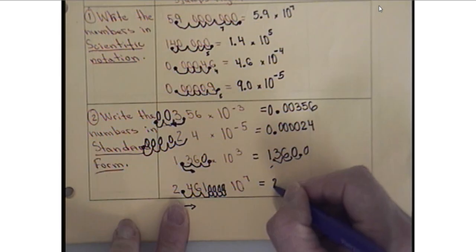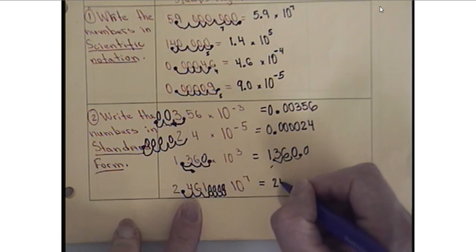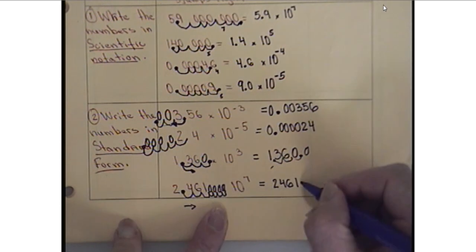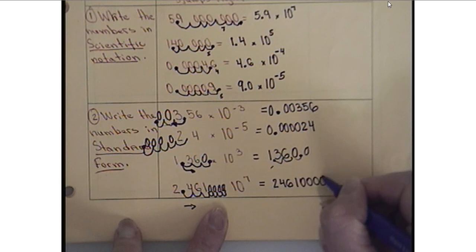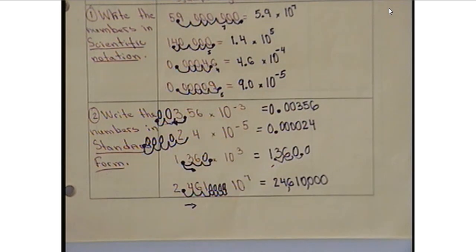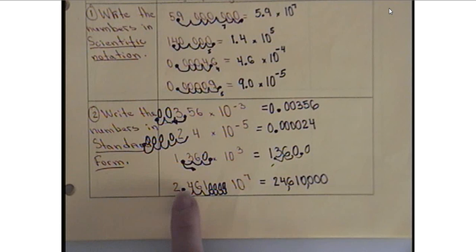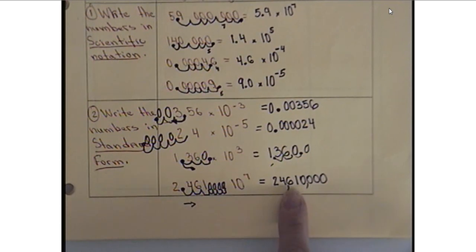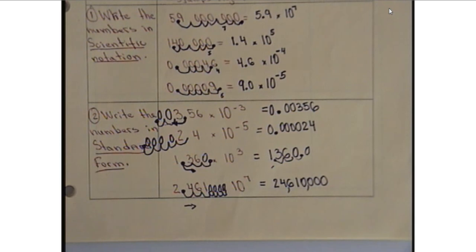So we will have 2, 4, 6, 1, and then we have 1, 2, 3, 4 zeros. And if you want to put commas to divide the number, to see how many thousands or millions we have, this is what we get. 2.461 times 10 to the 7th is 24,610,000 in standard form.